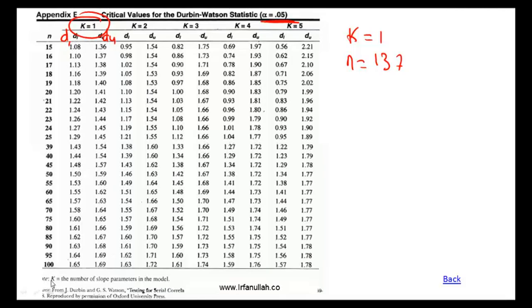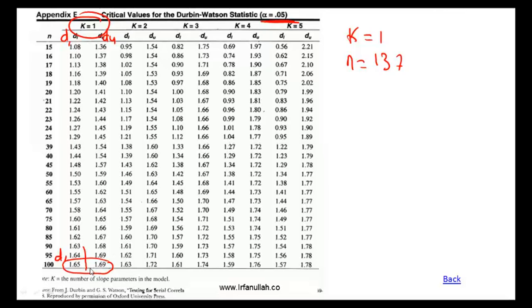So just bear with me for a minute here. For 100, we have 1.65 and 1.69. Notice that once you get into the high numbers, this is not changing too much. If you went to 137, DL, or D low, would be a little more than 1.65. And what about DU? This would also be a little more than 1.69.